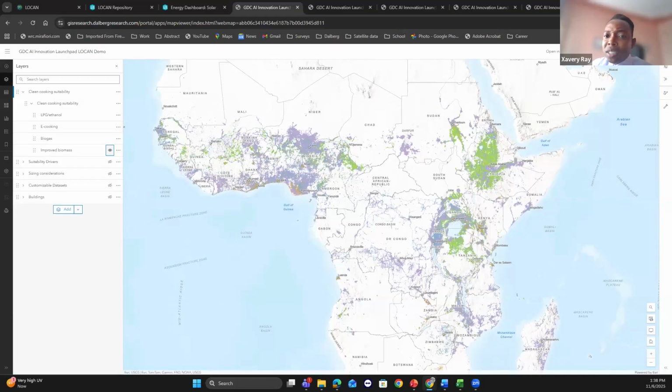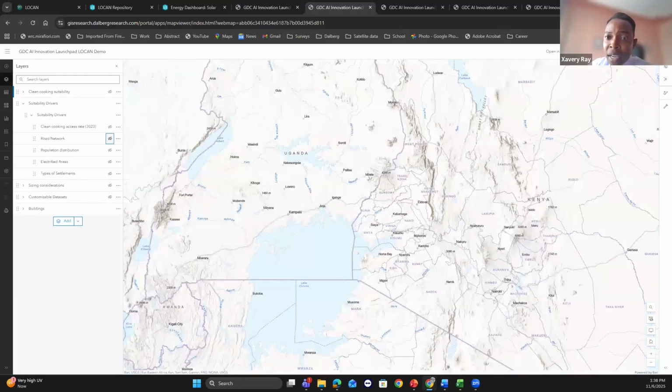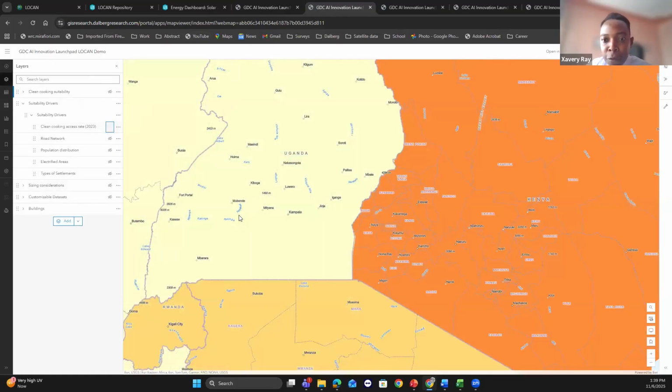To assess clean cooking suitability, the first step is to understand where the need is. We look at the current clean cooking access rates to find communities that could benefit the most.